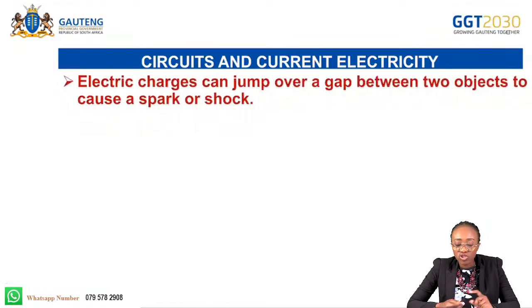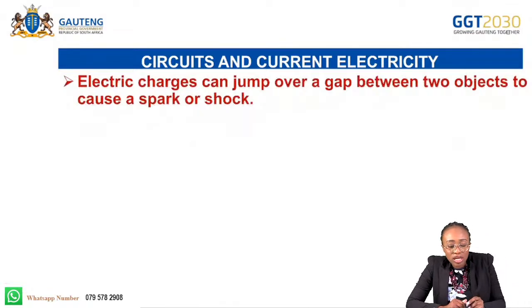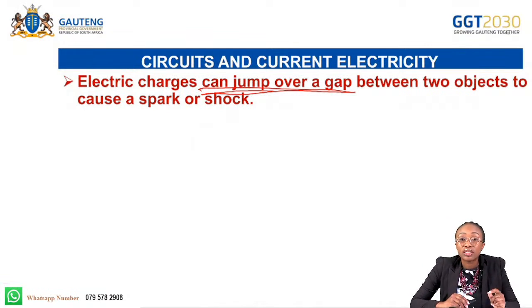Electricity. Charges, we know from our previous lesson on friction and static electricity, especially electric discharge, are capable of jumping over a gap between two objects during friction, when one object loses electrons and another object gains those electrons.